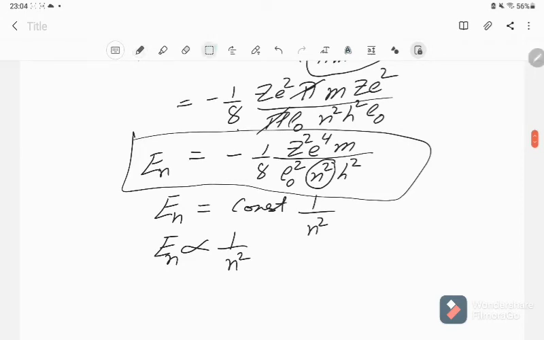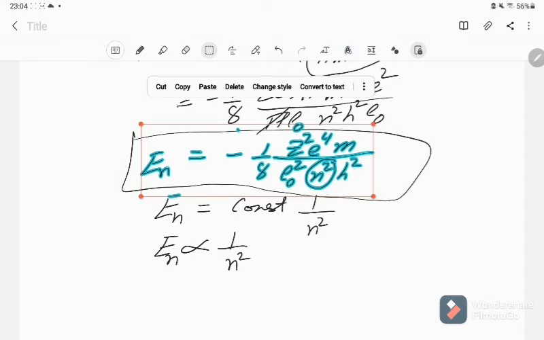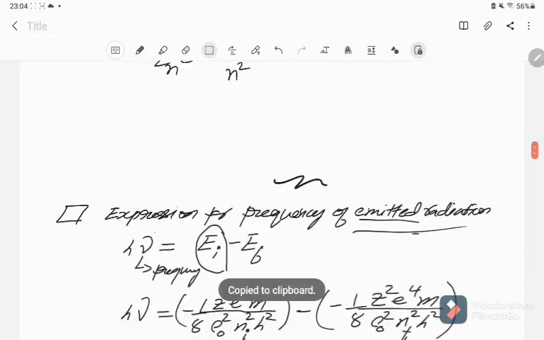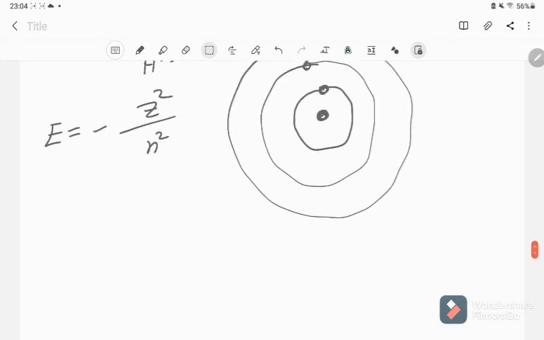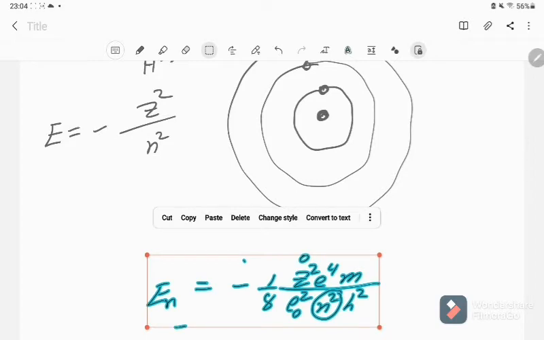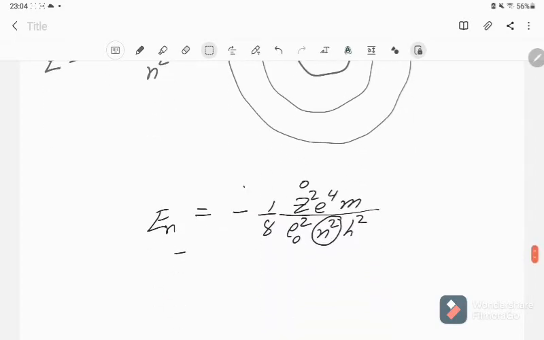Okay, this is the energy formula that we derived.